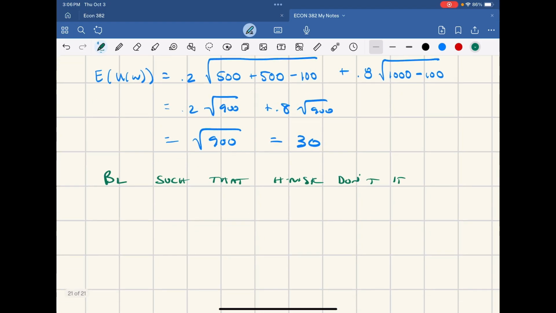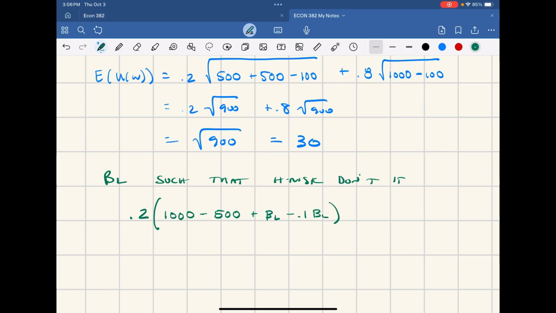So this is where we're going to look at the probability of a high-risk individual times, and I'll do the square root this time in parentheses, their initial wealth minus the loss plus the benefit that we're going to provide under partial insurance. So this is not going to be 500, it's going to be less than 500, minus the probability for the low-risk individual times that benefit.